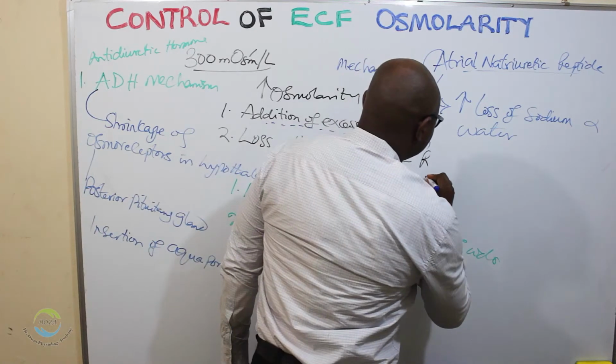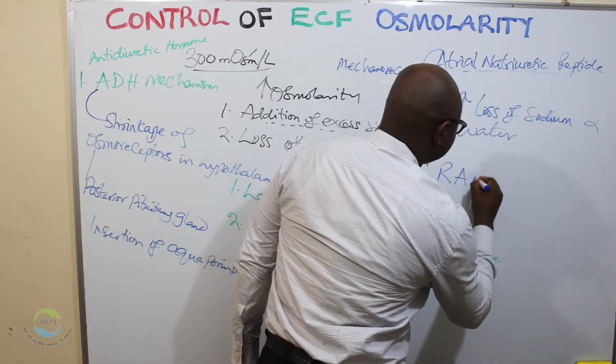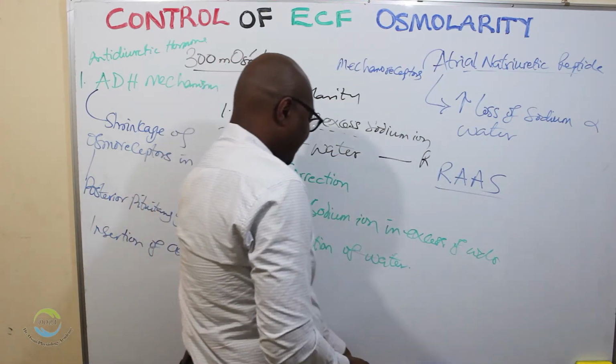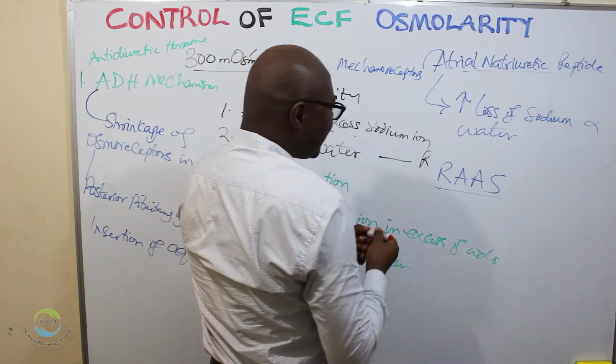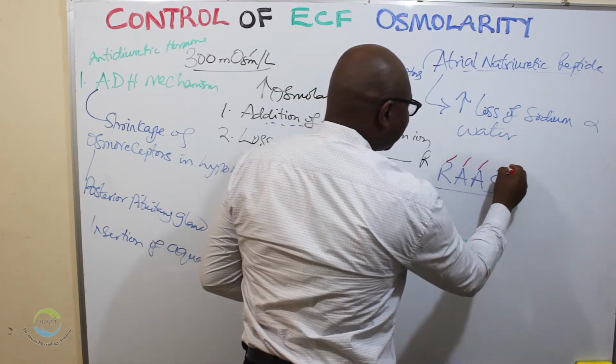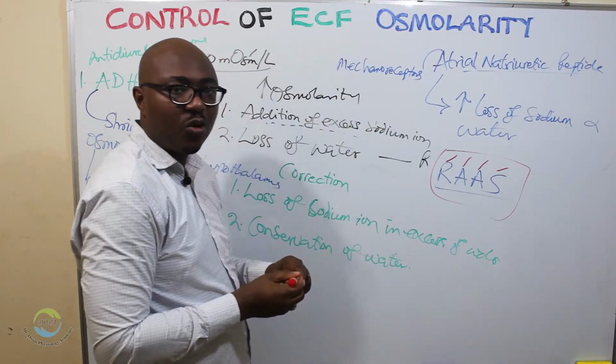Now, there's another mechanism called the RAS. What is RAS? Renin-Angiotensin-Aldosterone system. Okay? So how does this operate?